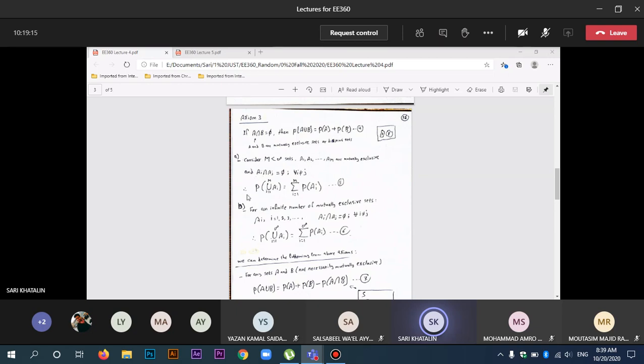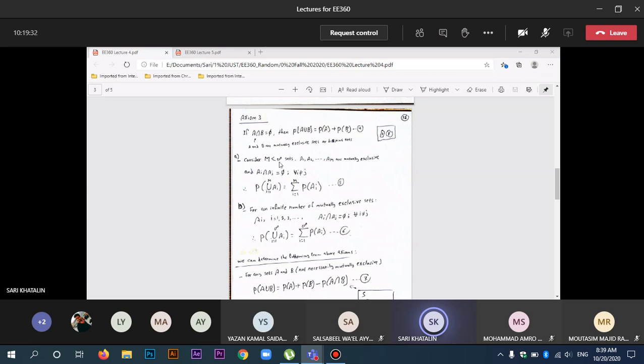Now this right here generalizes what we just talked about. The first one was about two events or two sets. Now, if we have multiple sets, M sets, where M is less than infinity in this case, the same thing applies.